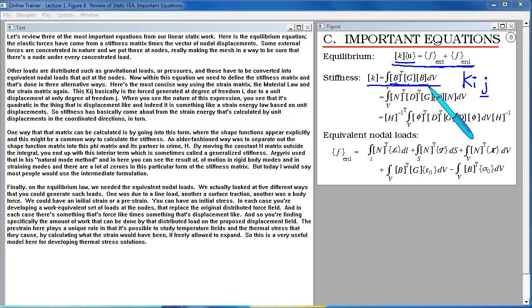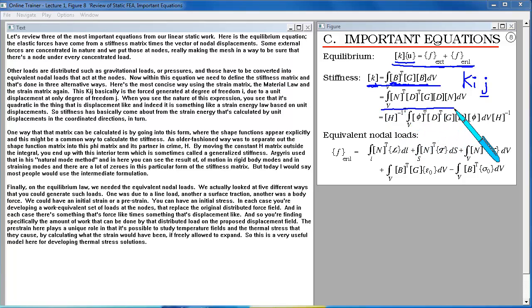When you see the nature of this expression, you see that it's quadratic in the thing that is displacement-like, and indeed it is something like a strain energy law based on unit displacements. So stiffness has basically come about from the strain energy that's calculated by unit displacements in the coordinate directions in turn.